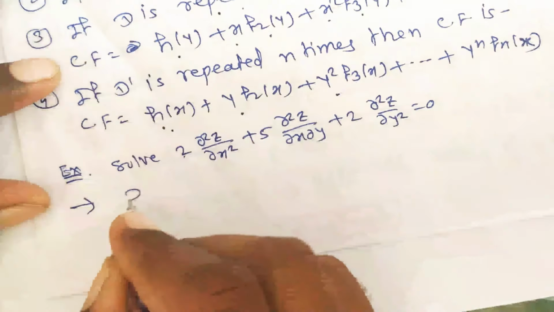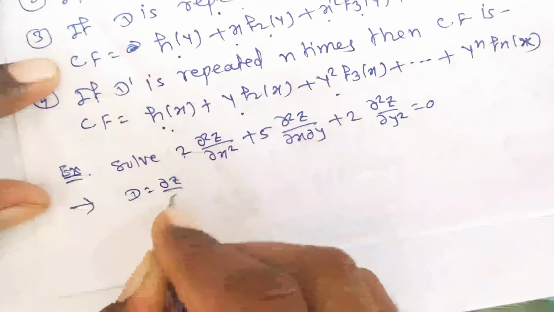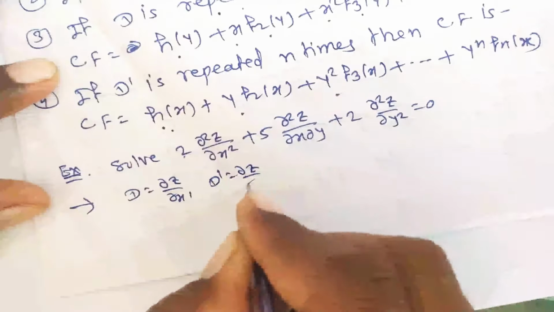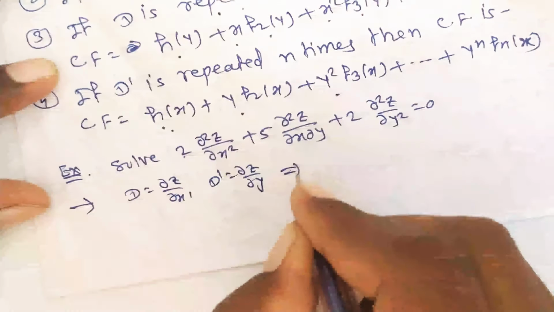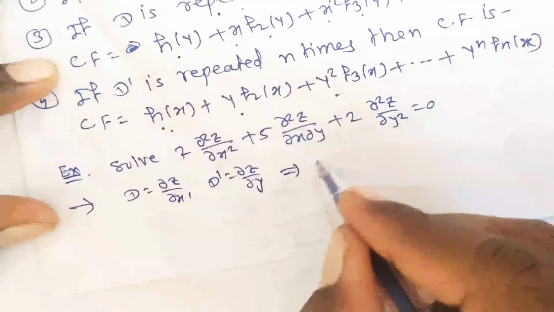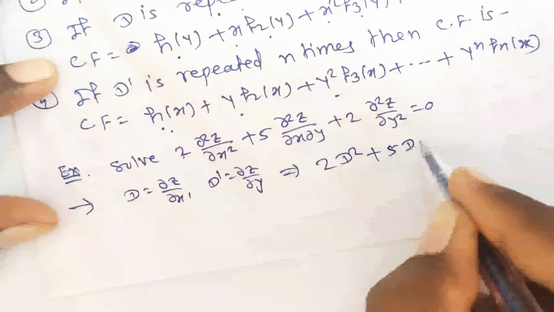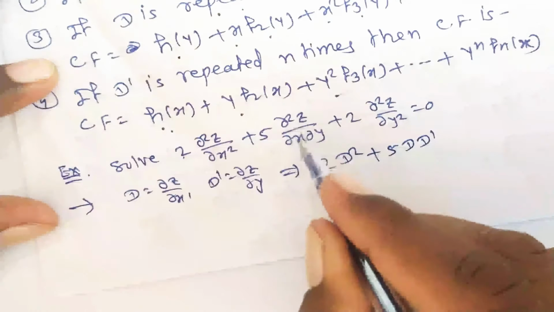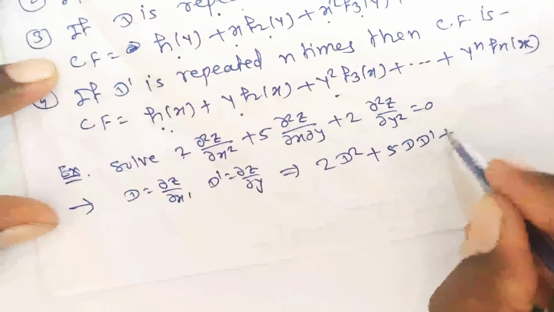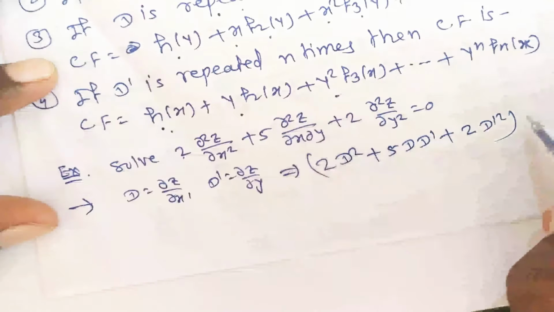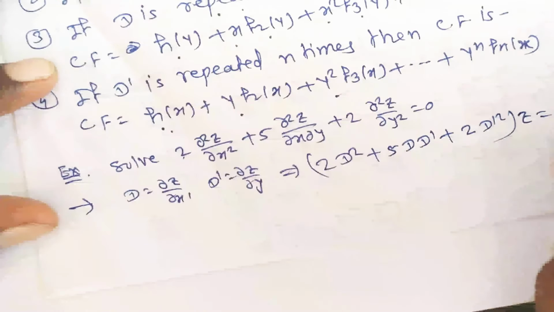So using capital D equal to del z by del x and D dash equal to del z by del y, we write the given differential equation as (2D square plus 5D D dash plus 2D dash square) z equal to 0.